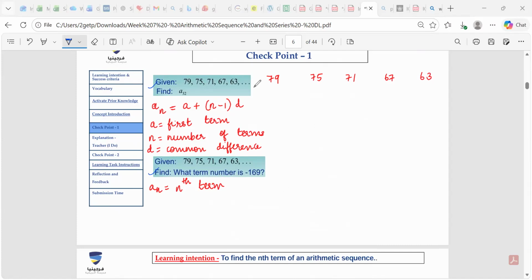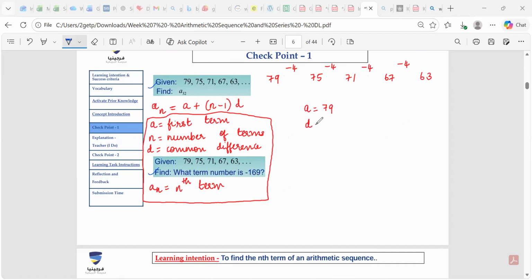So now we need to identify these values from the given question. Here a is the first term, so a is 79. Now 79 minus 4 is 75. 75 minus 4 is 71. 71 minus 4 is 67. 67 minus 4 is 63.